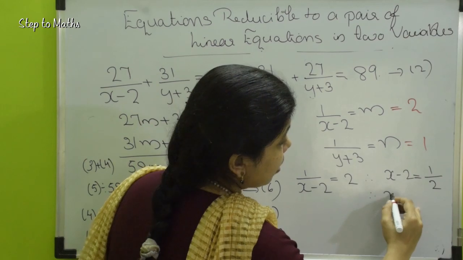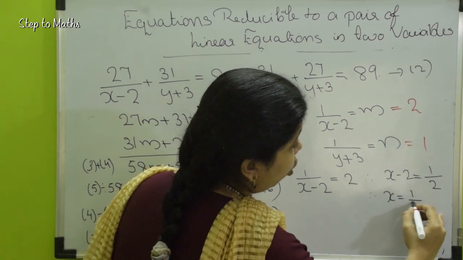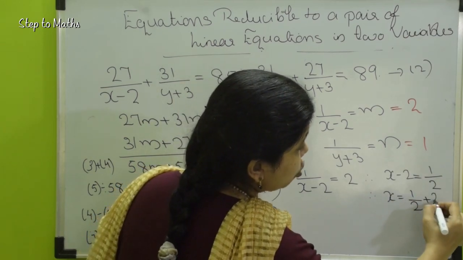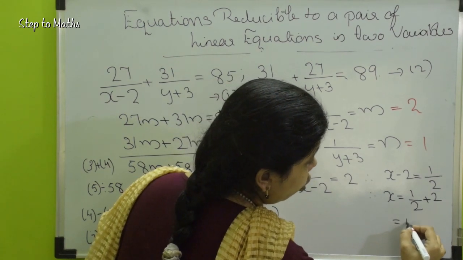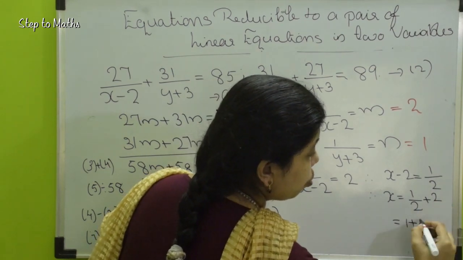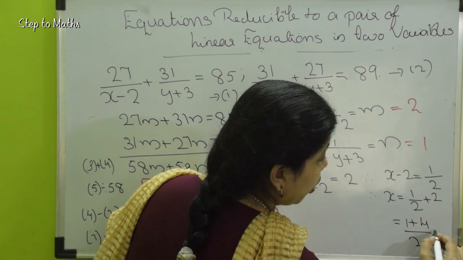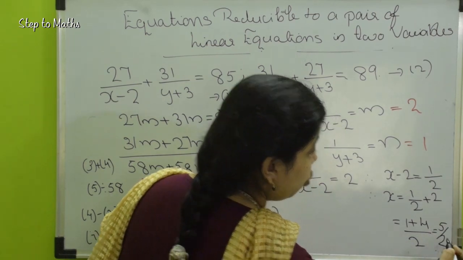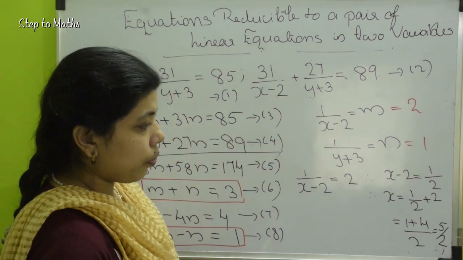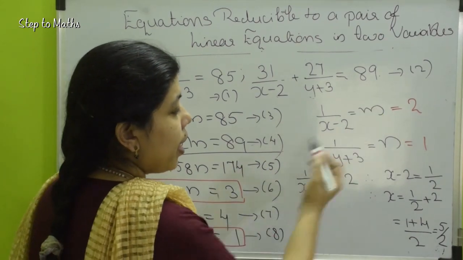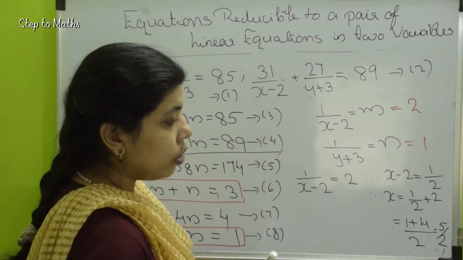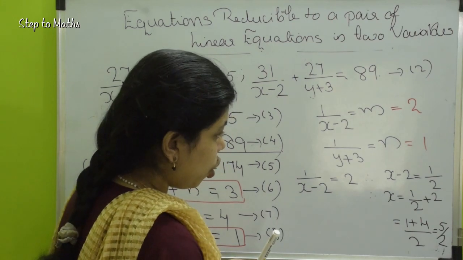Therefore, the value of x is equal to 1 upon 2 plus 2, which is 1 plus 2 into 2, 5 upon 2. The value of x is equal to 5 upon 2.